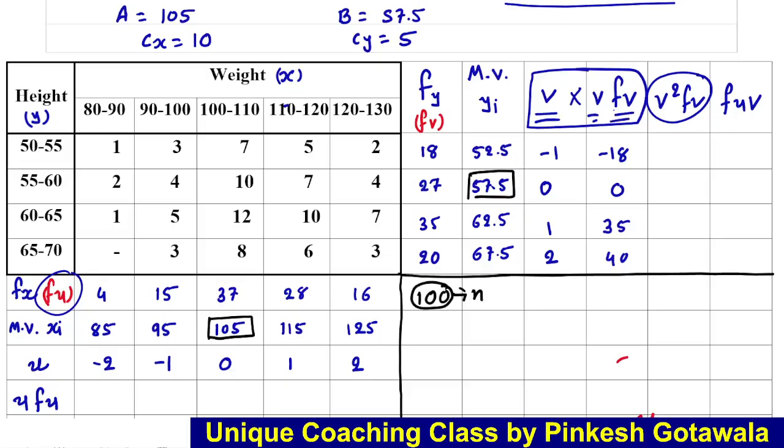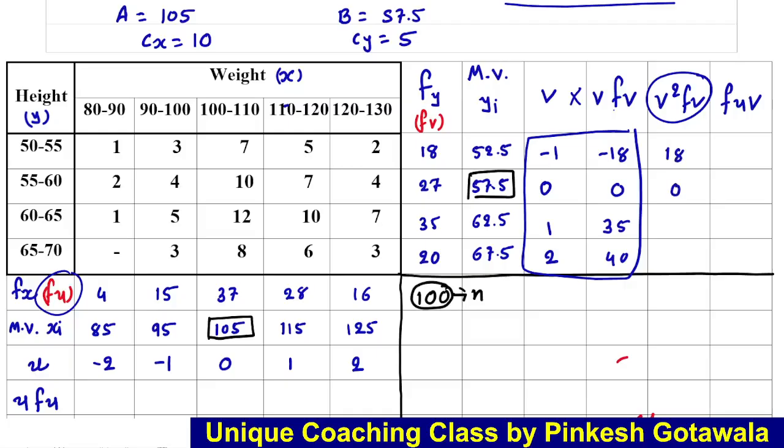So we get v square fv: minus 1 into minus 18 is 18, 0, 35 and 18. Clear? So this side is completed.